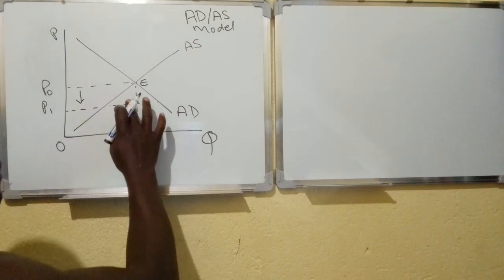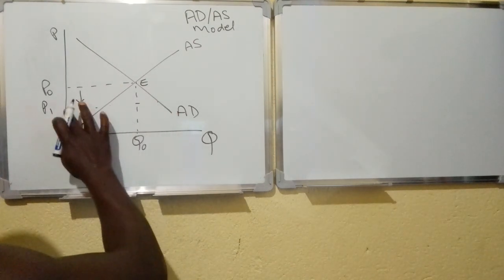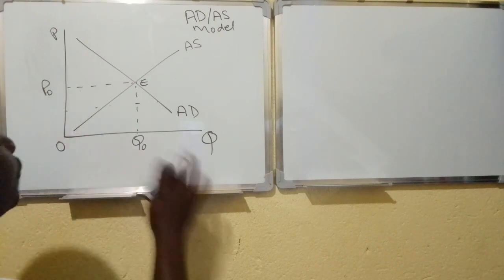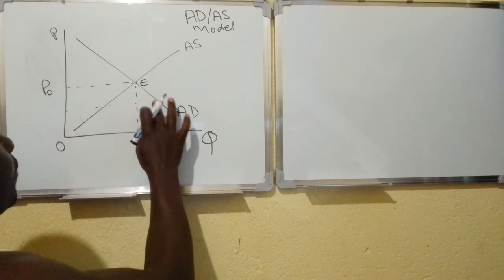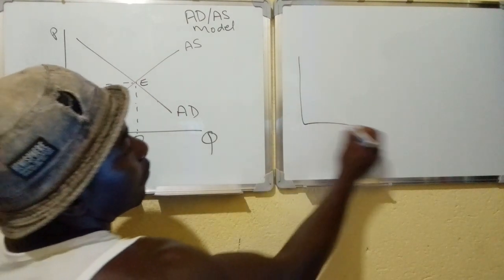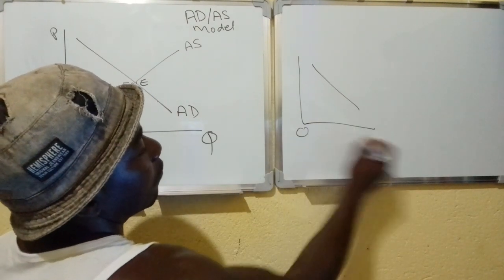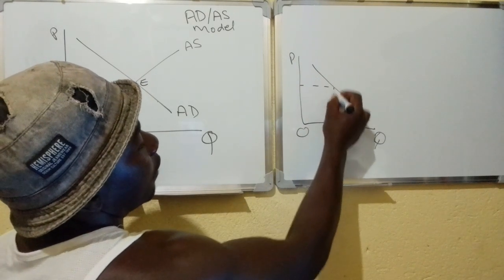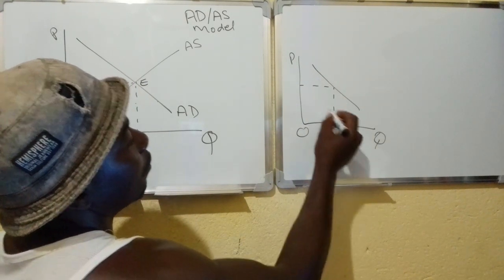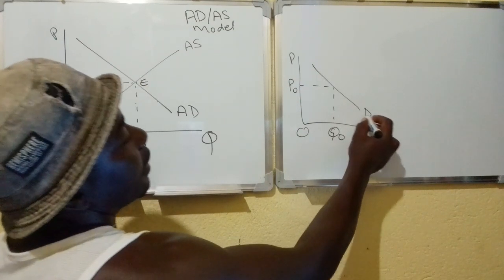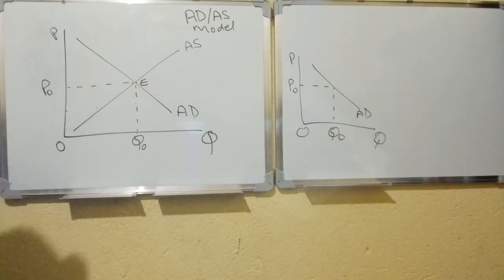Actually, let me not do it here. Let me do the aggregate demand curve separately just to explain this part. Prices were here at P0, and quantities demanded were here at Q0.